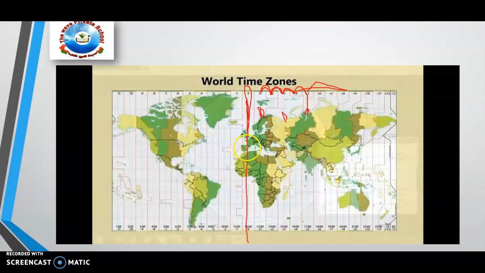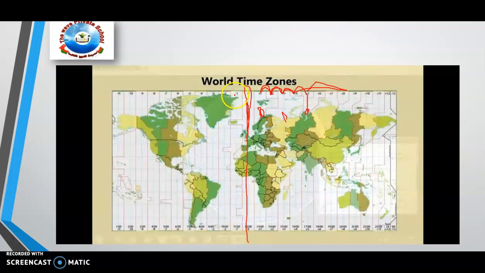People used to take time from this side if they belong to that part of the country, and from this zone if they belong to those countries. For example, here if it is 1 o'clock, people who live here and belong to that country will take this 1 o'clock also.